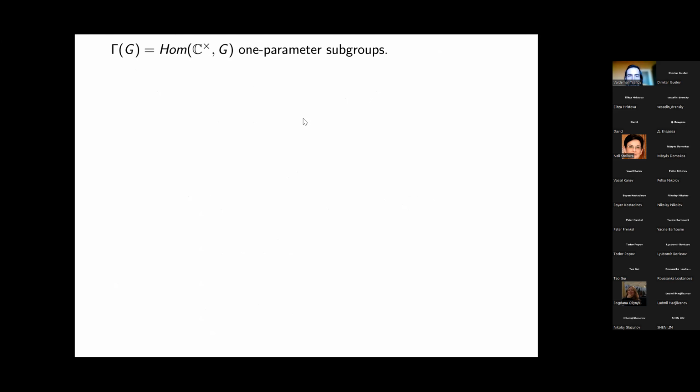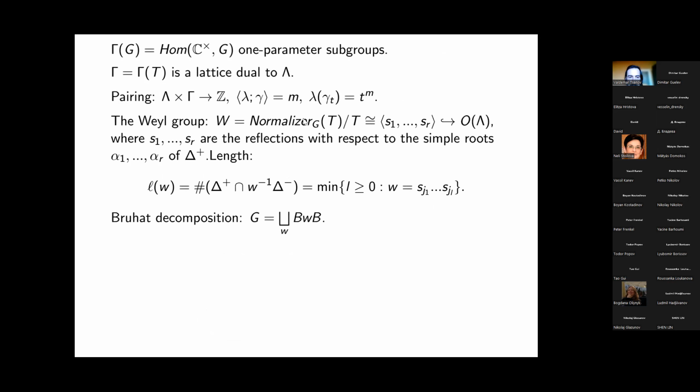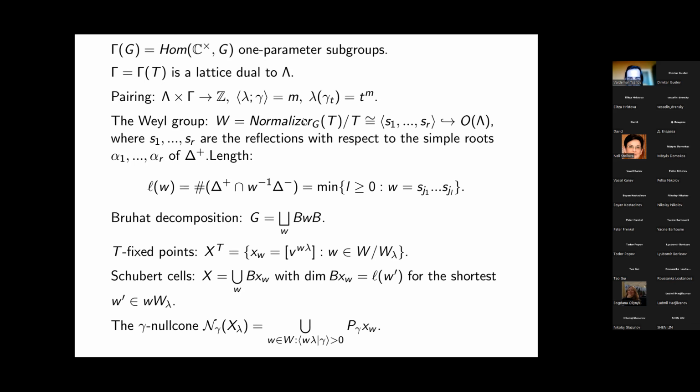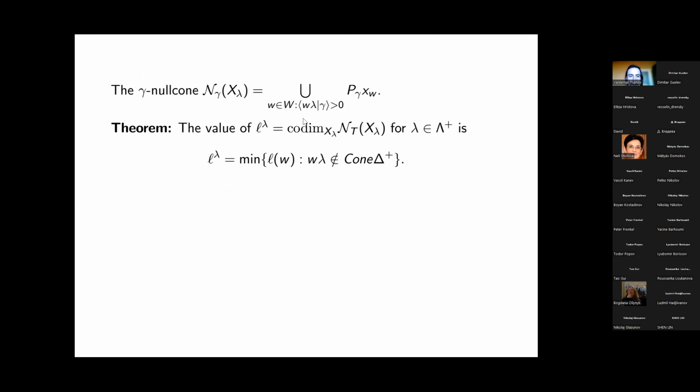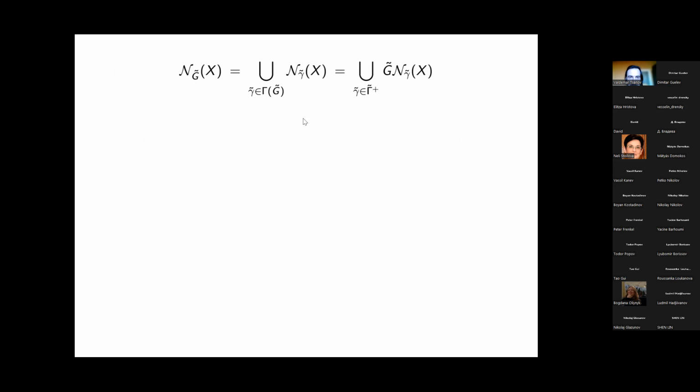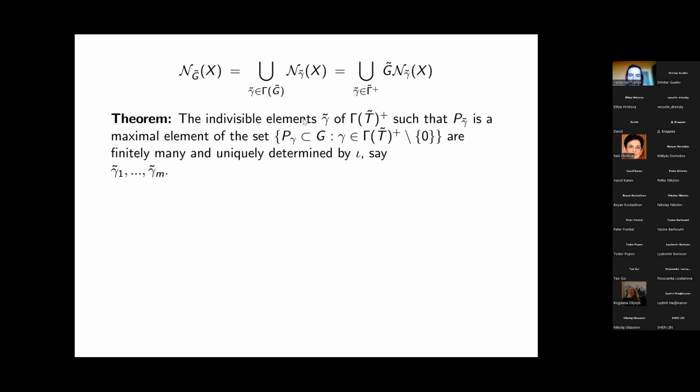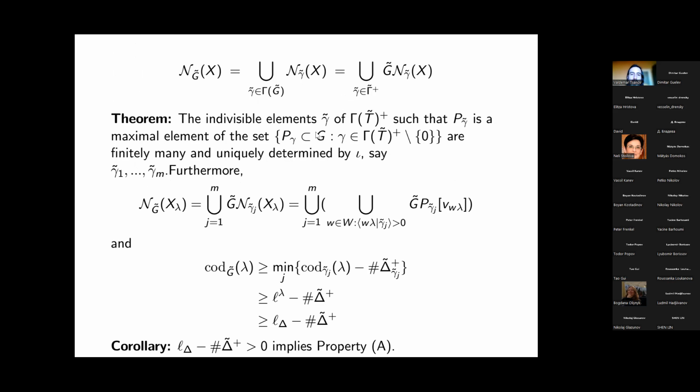So I should finish in a few minutes, I suppose. So maybe this more concrete argument will not be given in detail, but rather I would state this theorem: that there is a finite set, well defined by just the embedding, uniquely determined by iota, so that the null cone is this finite union, G tilde acting on the null cones of these few one-parameter subgroups, structurally defined.